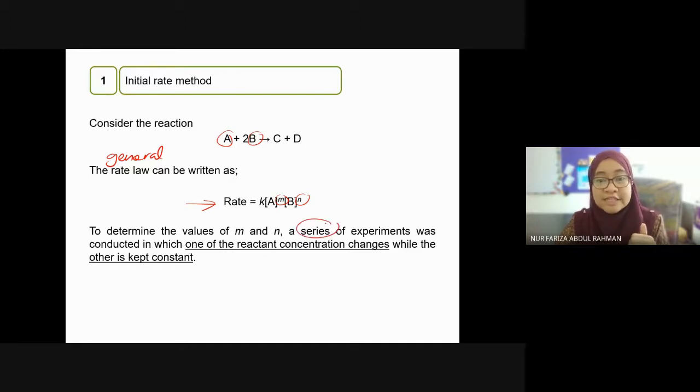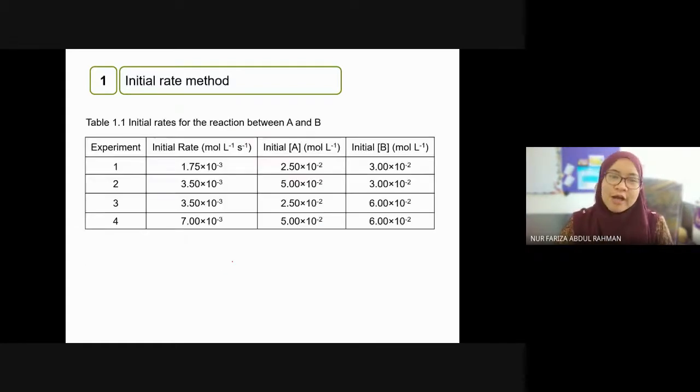That is what we call a series. Okay, so experiment 1 ada dia punya rate, initial rate dia. Experiment 2 ada initial rate dia. Okay, so cara dia adalah you akan pilih satu tu you akan kekalkan constant, the other one tu you yang berubah. Tak payah cerita je, tengok contoh. Okay. We may come back to that statement later.